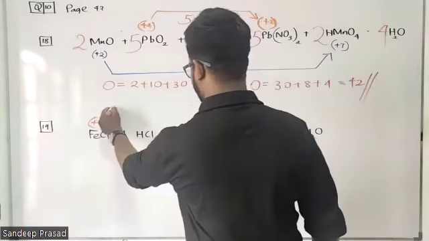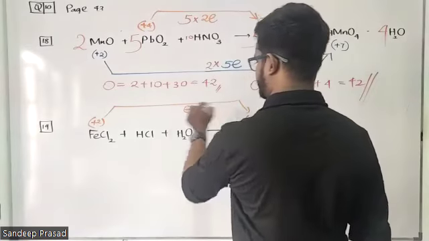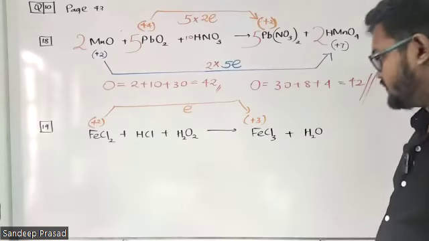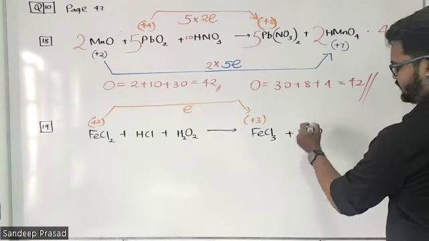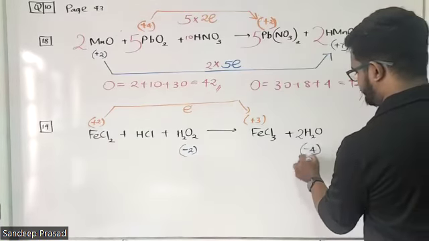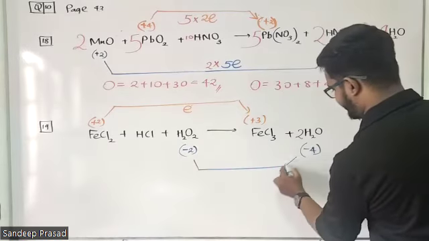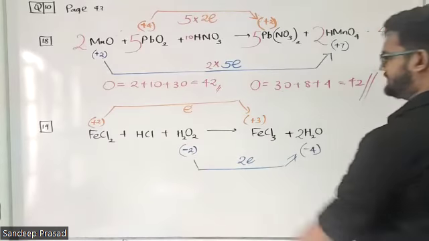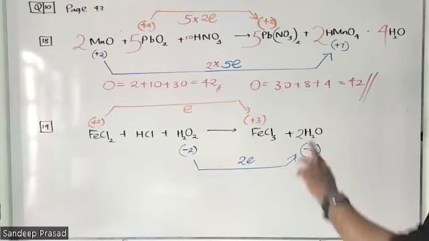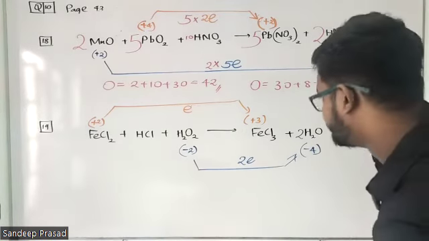So therefore the increment is just 1 electron. Here there are 2 oxygen atoms, so the oxidation number goes -1 to -2. You can see that the decrement is 2 electrons. Because there are 2 oxygen atoms, we have to consider both.